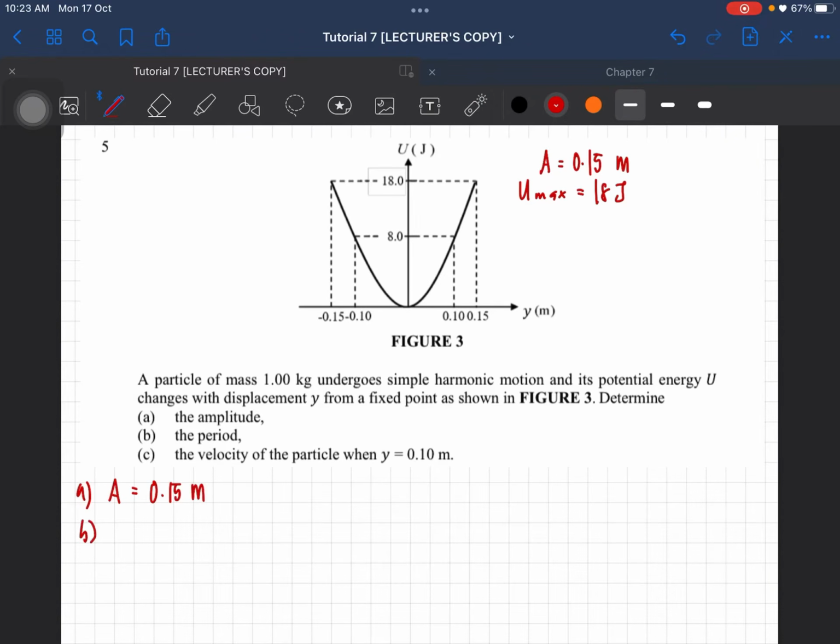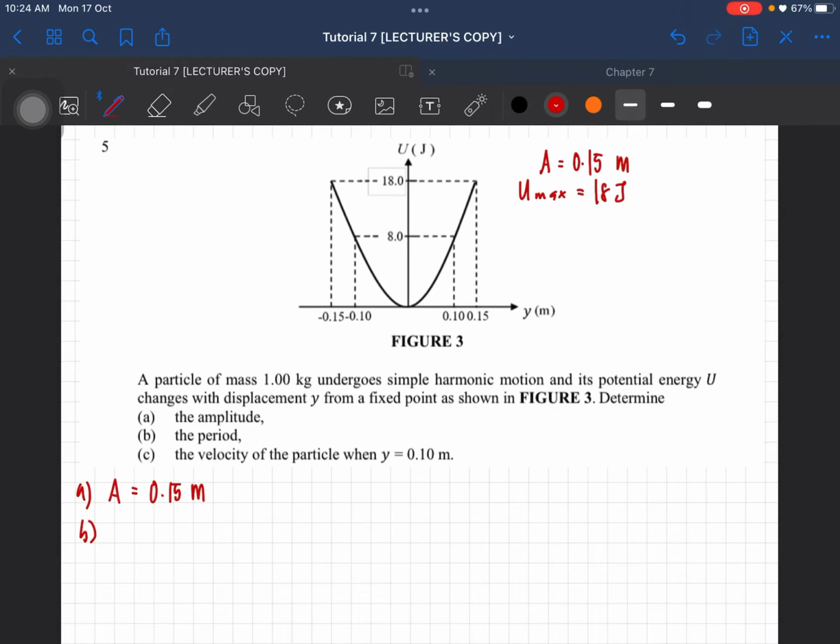Next, we have to determine the period. So how do we determine the period from the potential energy graph? If we think about it, we can't really get anything that has to do with time if we look at the graph. But if you remember, potential energy gives you the angular frequency.